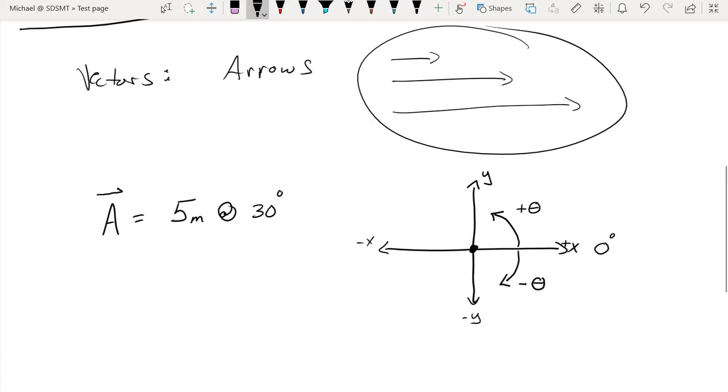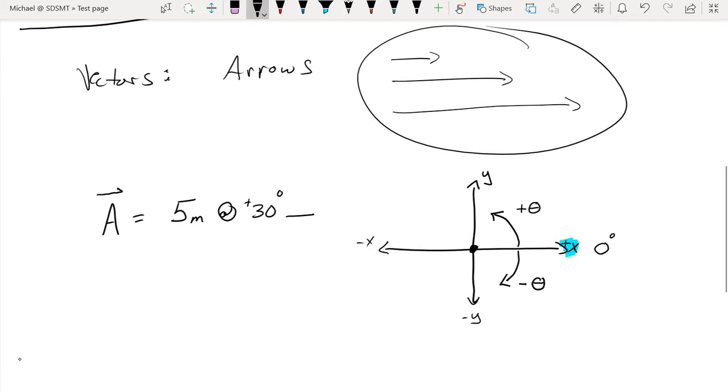And so here I have 5 meters at 30 degrees. Technically that's a positive angle. And if I don't have anything here that specifies where the angle measure begins, then it is understood to be at the traditional 0 point of the x-axis. But for any other starting point of angle measure, we must indicate where we want that angle measure to start from.